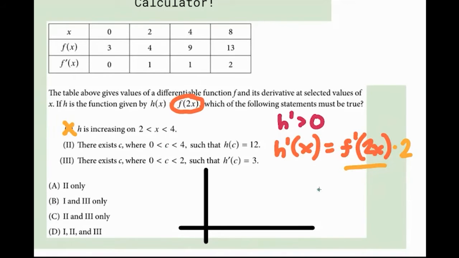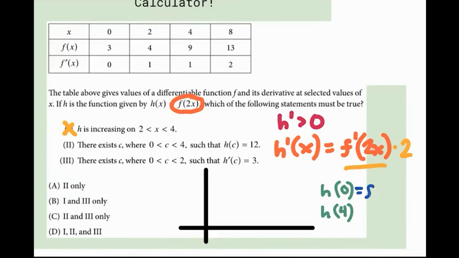Okay, we want to find h of 0, and we want to find h of 4. By the way, me messing up like this, you are going to do that as well. Get used to trying to figure this stuff out, okay? Because it's not just a standard problem. It's a lot of figuring things out. So h of 0, well, h is equal to f of 2x.